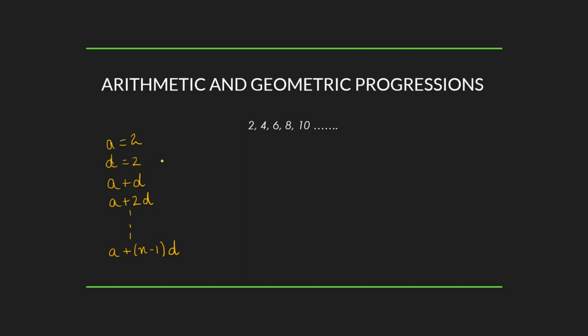Now, coming to the sum of terms, we can think of it in terms of average. The average of n terms is given by the sum of those terms divided by the number of terms. So the sum will become average into n. Now the average for evenly spaced numbers is given by the sum of the first term plus the last term divided by 2.